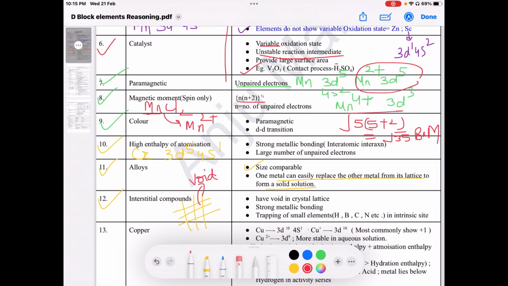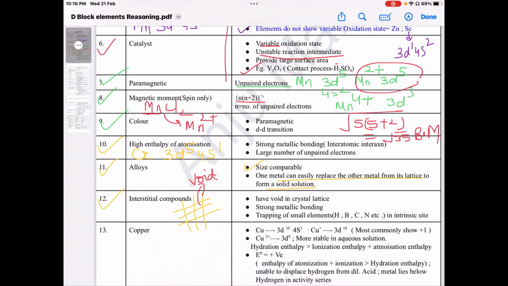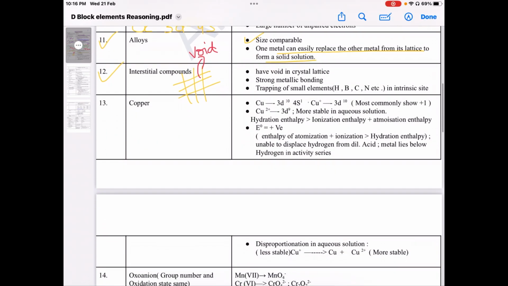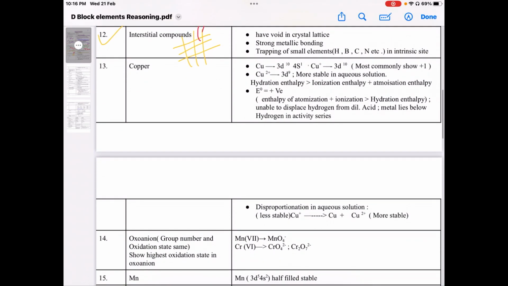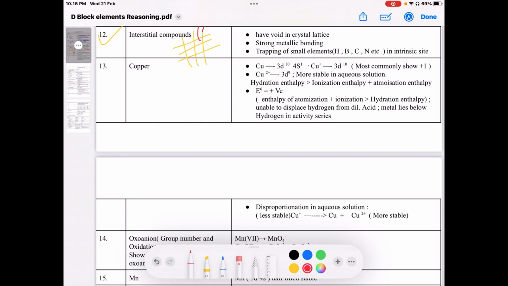Because of the trapping of smaller elements, specifically second period elements, in interstitial sites, the resulting compounds are known as interstitial compounds. So d-block elements form interstitial compounds because they have voids and strong metallic bonding, and that's why trapping of small elements takes place in interstitial sites.